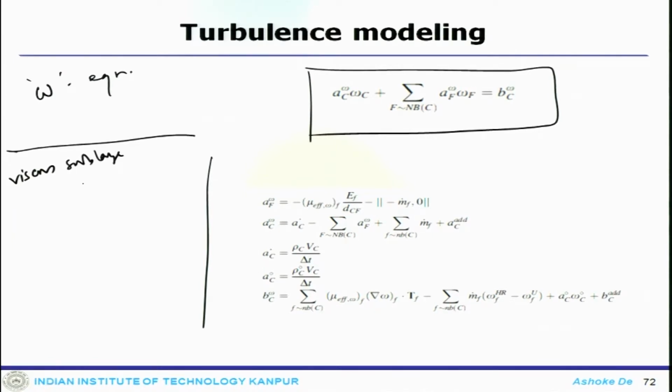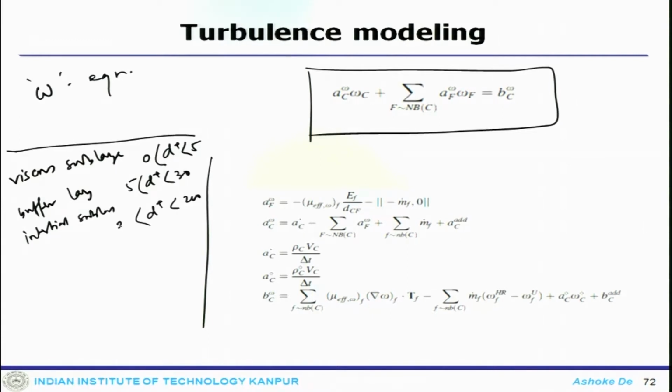where your normal distance d plus is less than 5, then the buffer layer where d plus lies between 5 and 30, and then the inertial sublayer where d plus lies between 30 and 200.